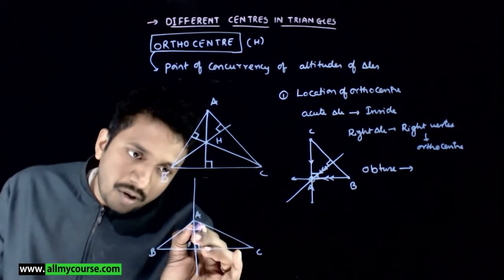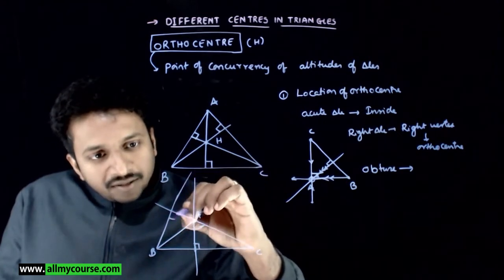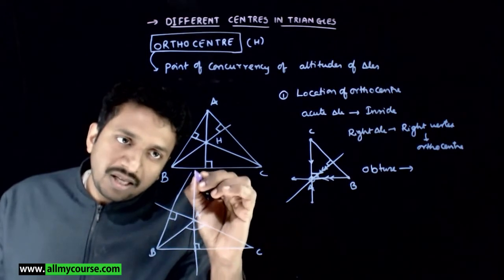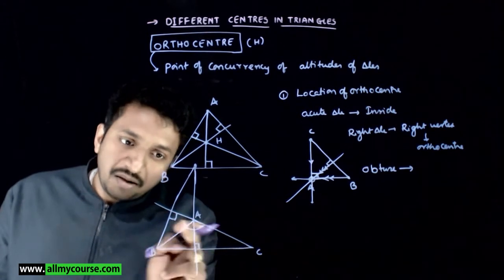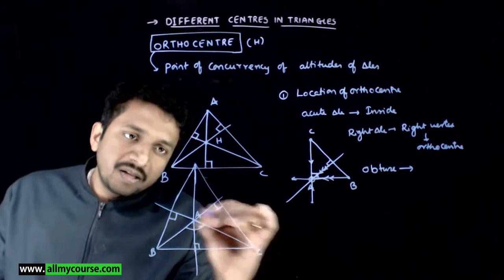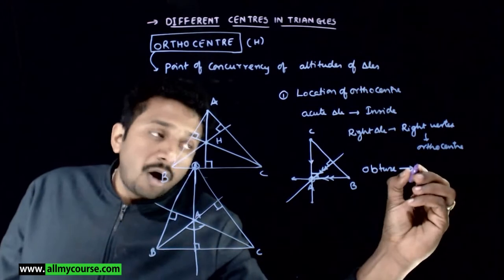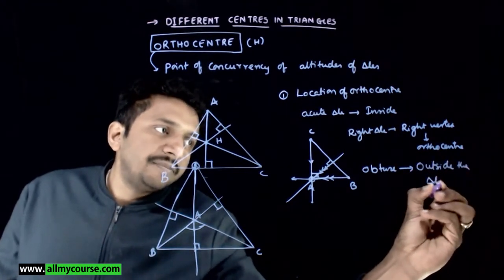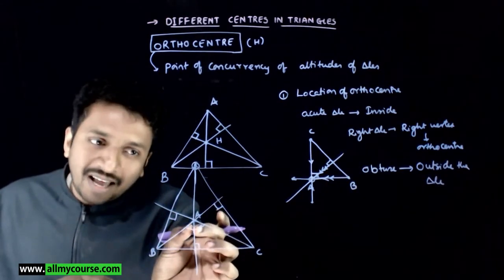So if you want to draw a perpendicular, it lies somewhere like this. These two tend to meet somewhere here. If you draw the altitude from C onto AB, you need to extend AB and draw the altitude. So they are meeting outside the triangle. So for an obtuse triangle, the orthocentre lies outside the triangle, towards the obtuse angled vertex.